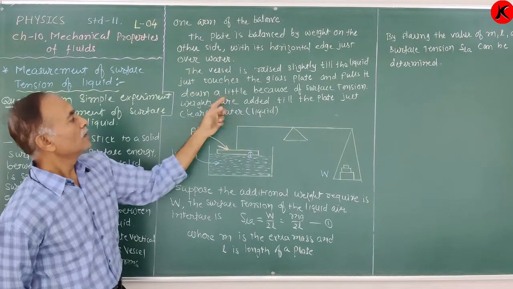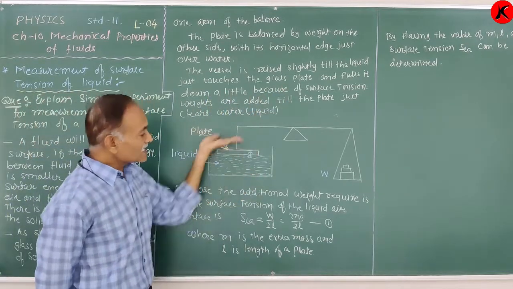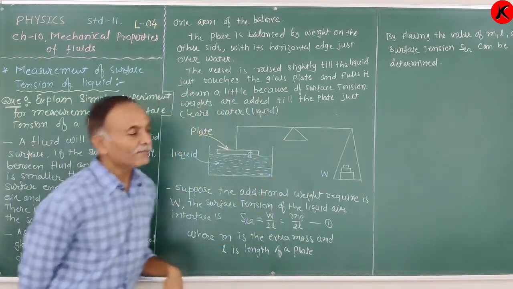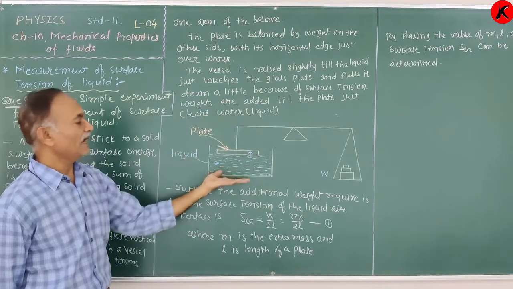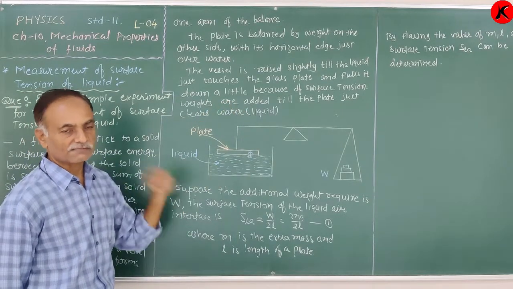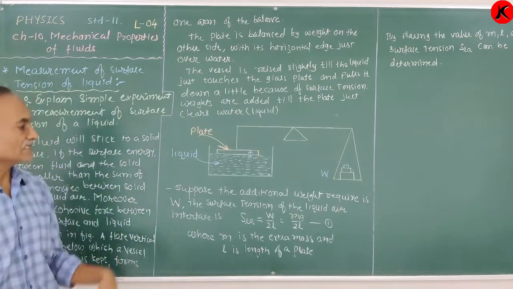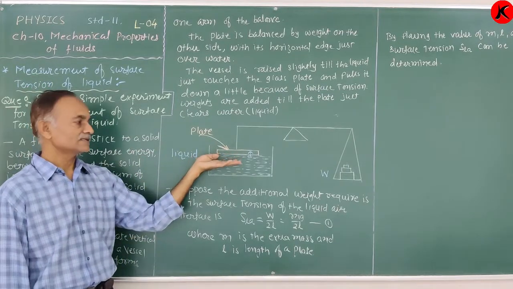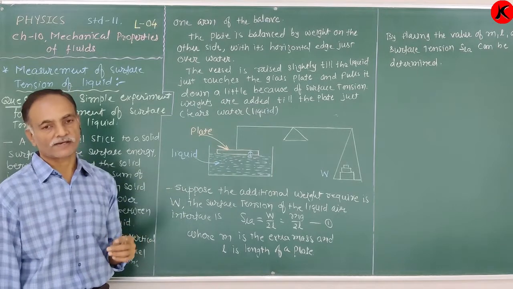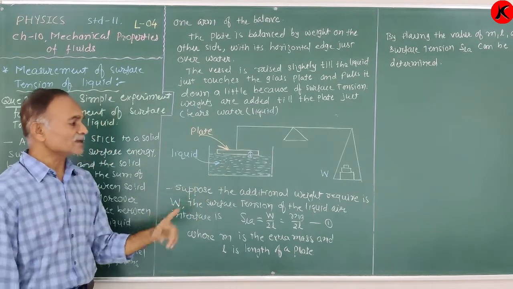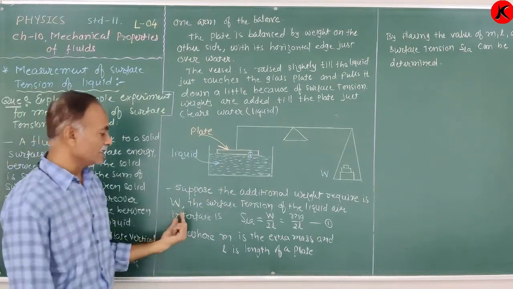Now, additional weight is required in the pan to balance the glass plate, so that the glass plate just clears the water, that means just detaches from the water. Suppose the additional weight required is W.